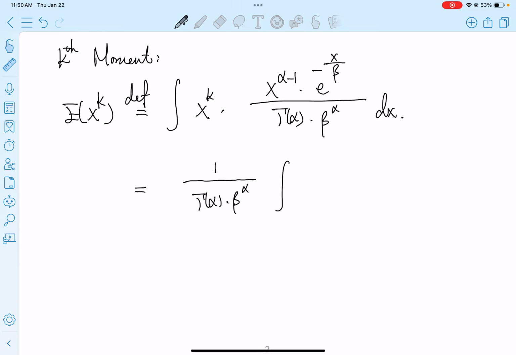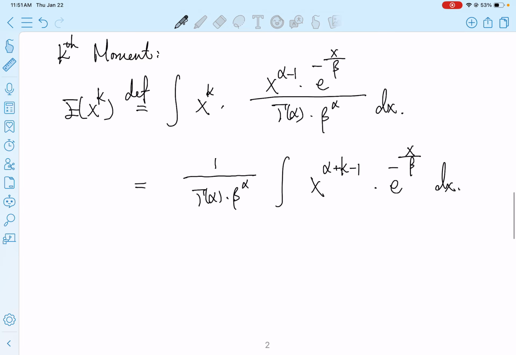Now let's complete the integral. Here, let's group x to the k and x raised to the power of alpha minus 1 together. Then we have x raised to the power of alpha plus k minus 1, and then e raised to the power of negative x over beta, dx. Again, we are evaluating the kth moment for the gamma distribution, and this is the next step.